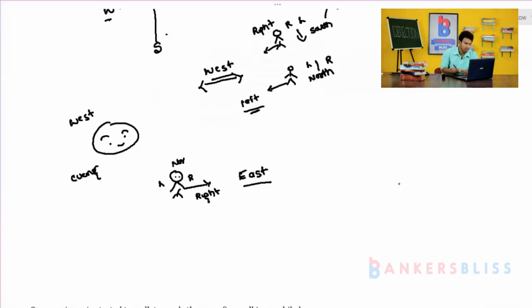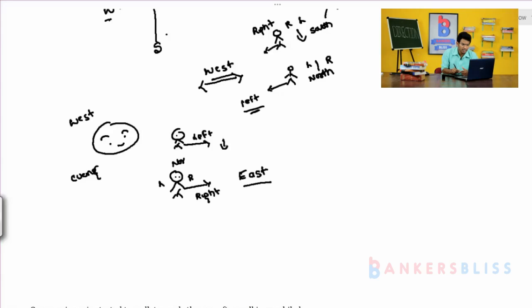And one more thing we have to discuss. Suppose the person is here, okay, and that person's shadow is towards the left in the evening. Look here, the person is standing in the evening and that person's shadow is on his left. Then which direction is he facing?